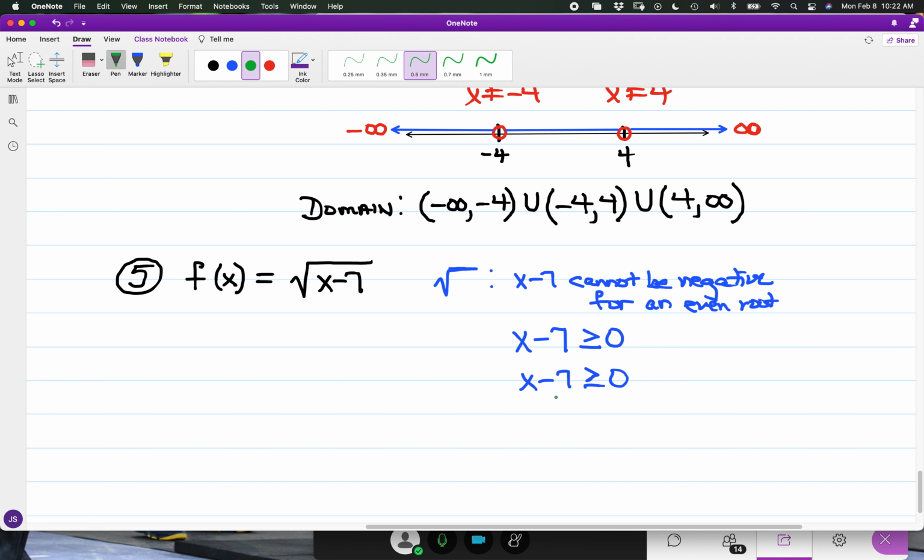Okay, so if I add 7 to both sides, we're going to have x is greater than or equal to 7.